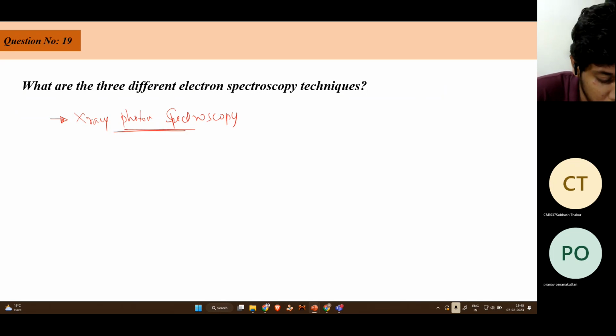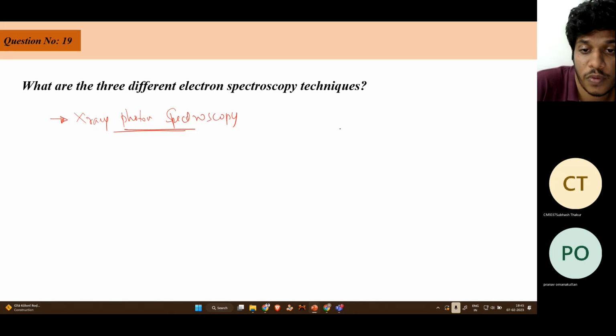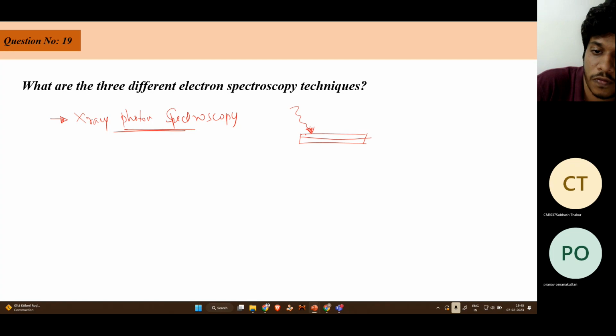X-ray photoelectron spectroscopy measures the energy of electrons that are emitted from the surface of a sample when it is being bombarded with X-rays. The energy of these electrons is characteristic of the elements present in the sample. So once we have a material and we bombard it with X-rays, we can get information about the composition of the surface atoms of this material.